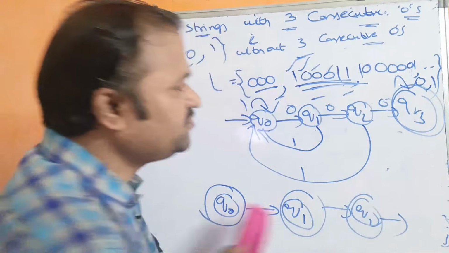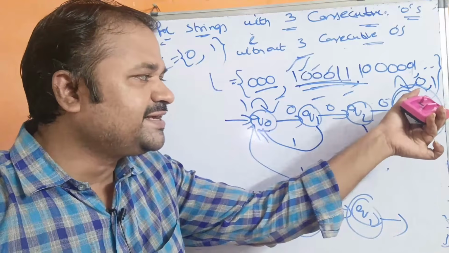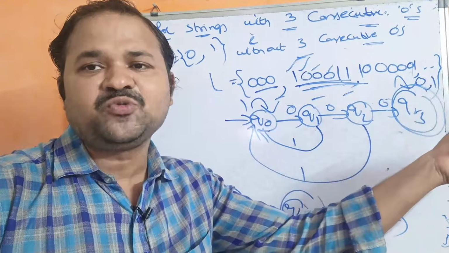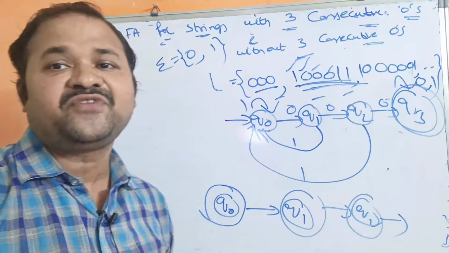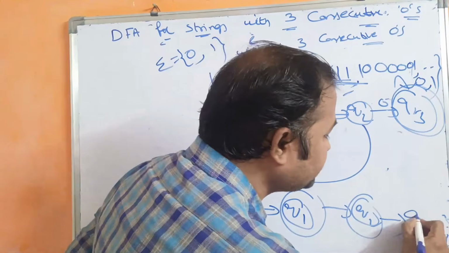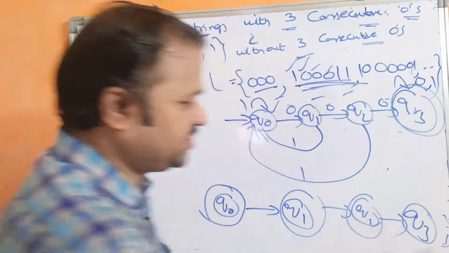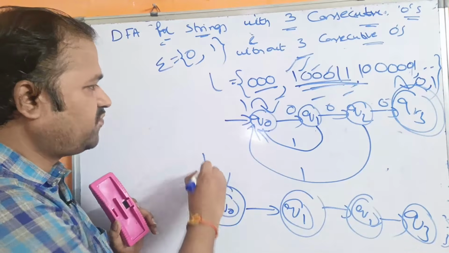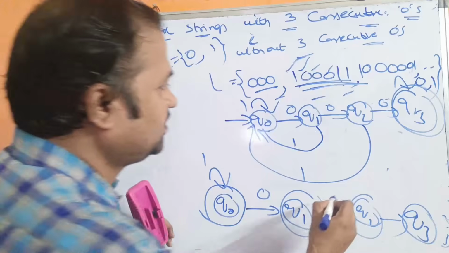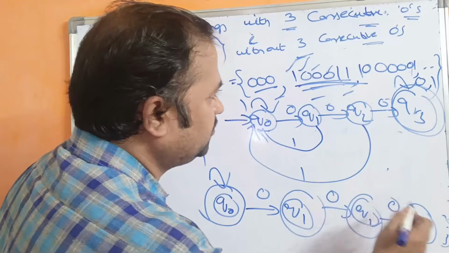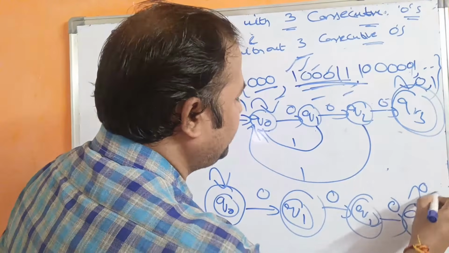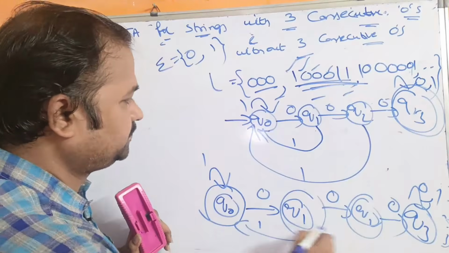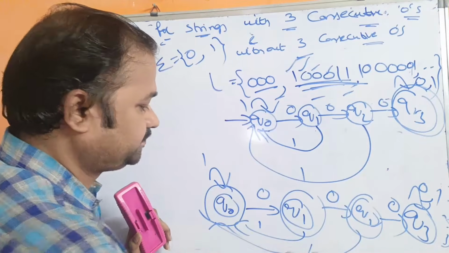Next, what is Q3? In this diagram, Q3 is a final state, so we have to make this final state a non-final state. Non-final state means we write only one circle for Q3. Next, the transitions are the same: 1, 0, 0, 0, 0 and 1, and 1, 1.